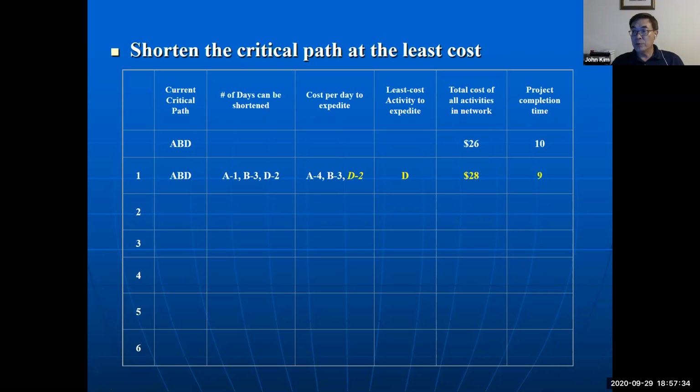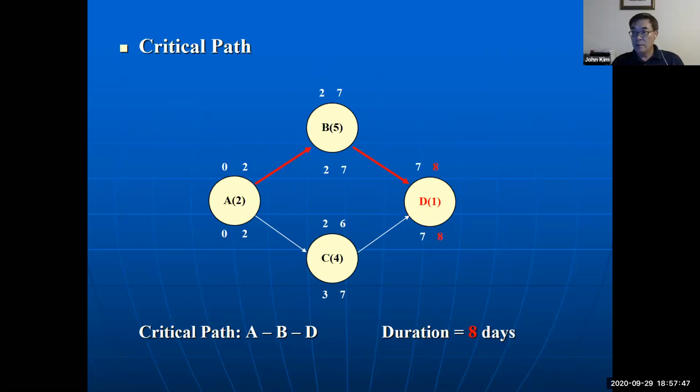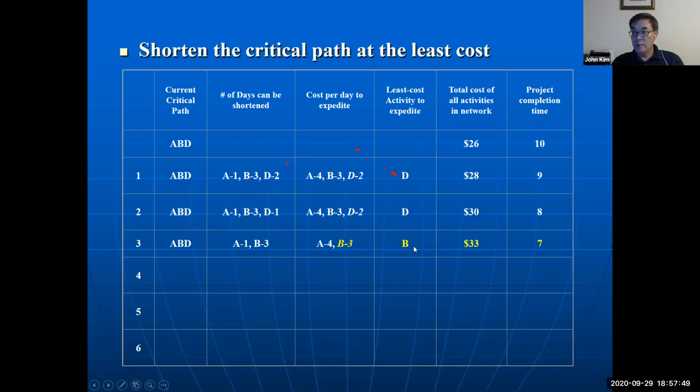So using more resource on D again, more cost, shorter by 1 day. And then next on B, use more resource, cost more, but project time decreases.